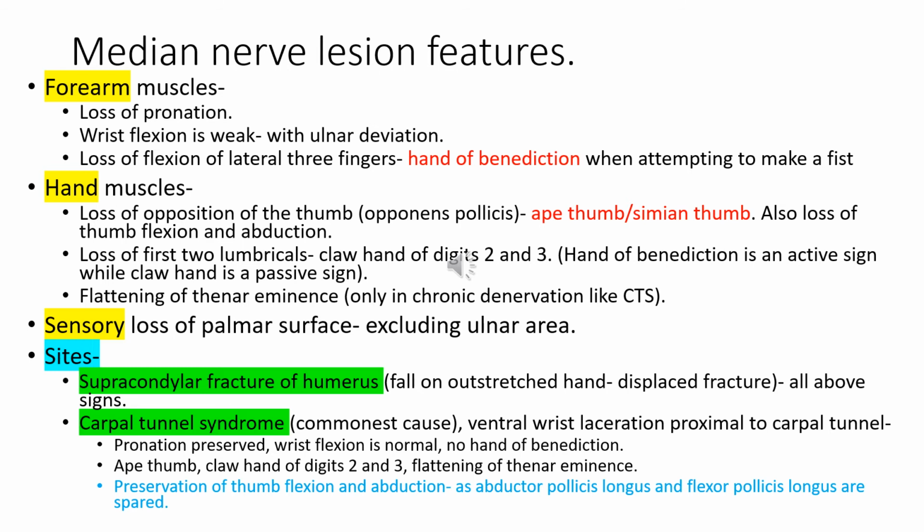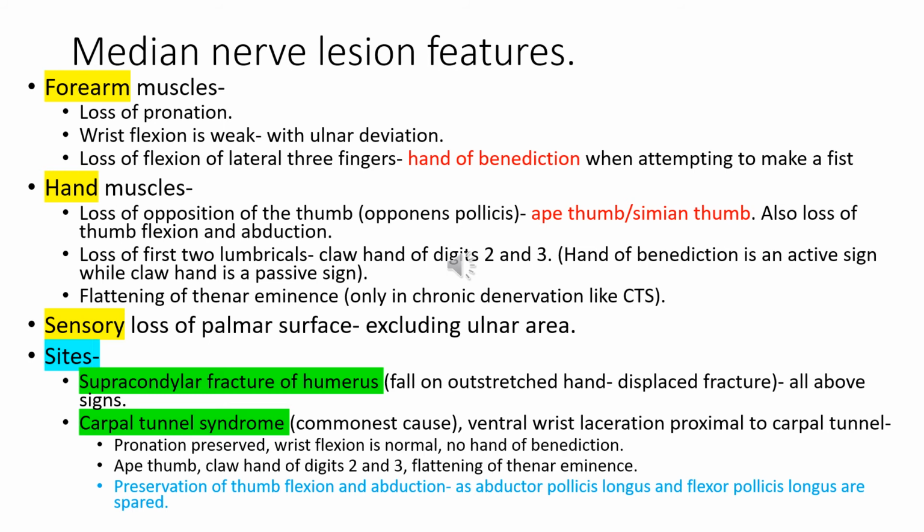Now what about thumb flexion and thumb abduction? Here one important thing we have to understand is that flexor pollicis longus comes from the forearm, while flexor pollicis brevis is in the hand.